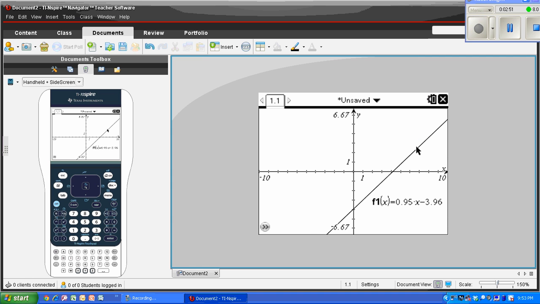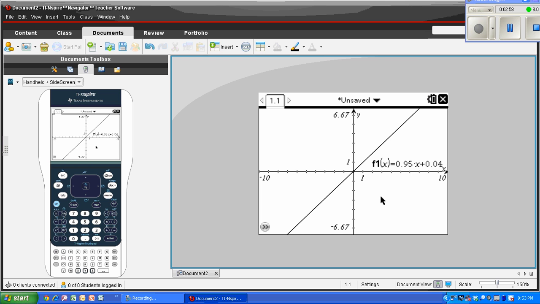So it's a very good understanding, and if you take the money into consideration and talk to the students about it, it makes a lot of sense.